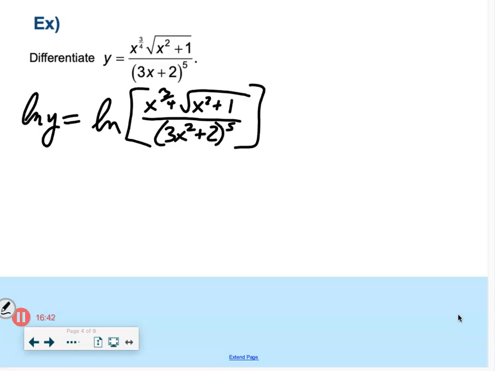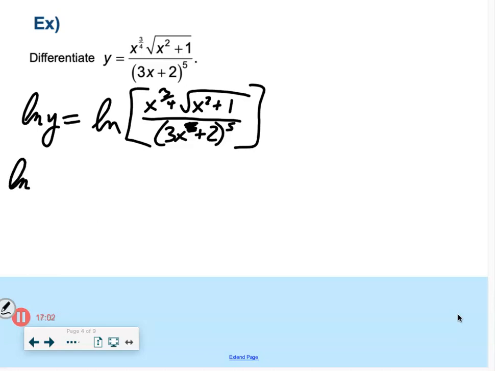I haven't done anything yet but put a log in front. Oh, whoops. I don't know why. I think I saw that too, and my brain said too. Thank you. Okay, good. All right, is that good? All right. So now I'm going to split up the log.